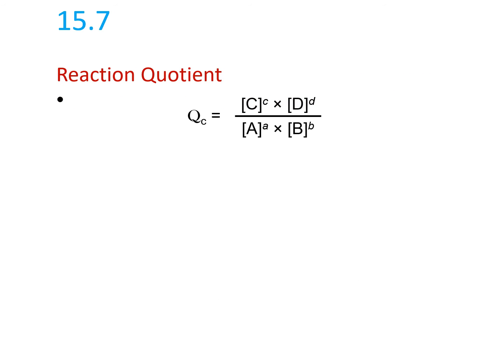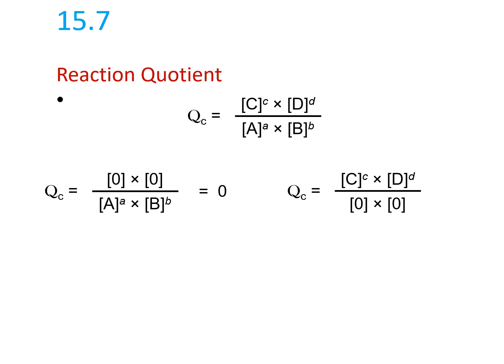So let's say that we were at the very beginning of our reaction and all we had were reactants and we hadn't formed any products yet. Then our reaction quotient would be equal to 0. That means we haven't gotten anything. And what if we were just so very lucky that in a moment in time, we took a sample and found that we had in our container nothing but product, and we hadn't started to reform any reactant?